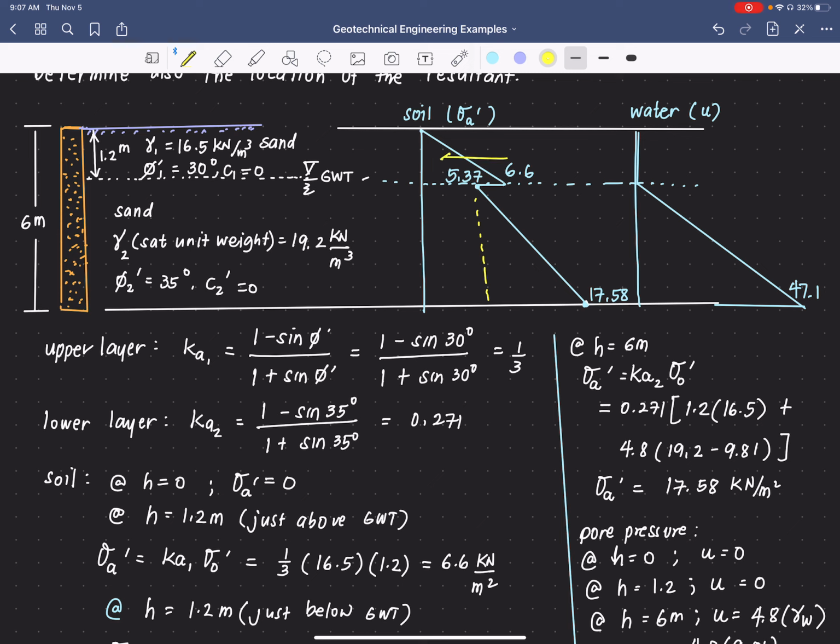And we have here the pressures located at the centroid. Okay, so let us say this is P sub 1, P sub 2, P sub 3, and P sub 4.